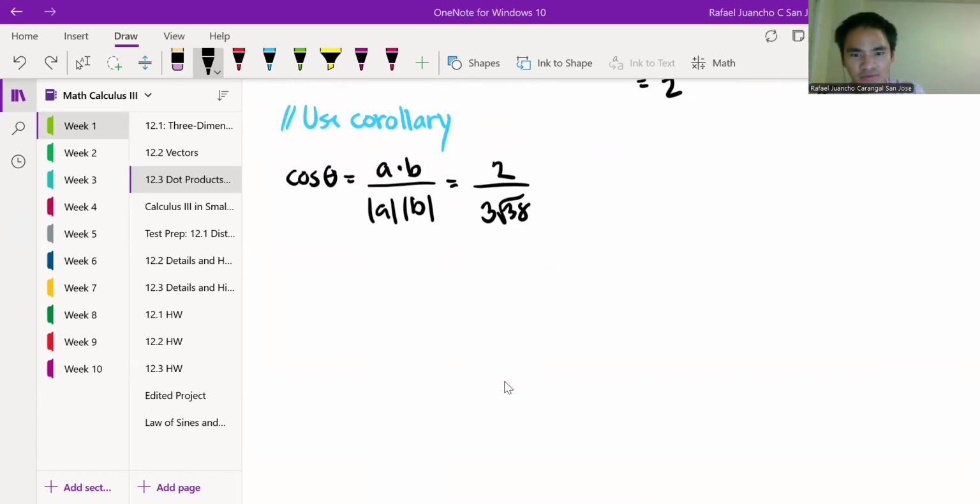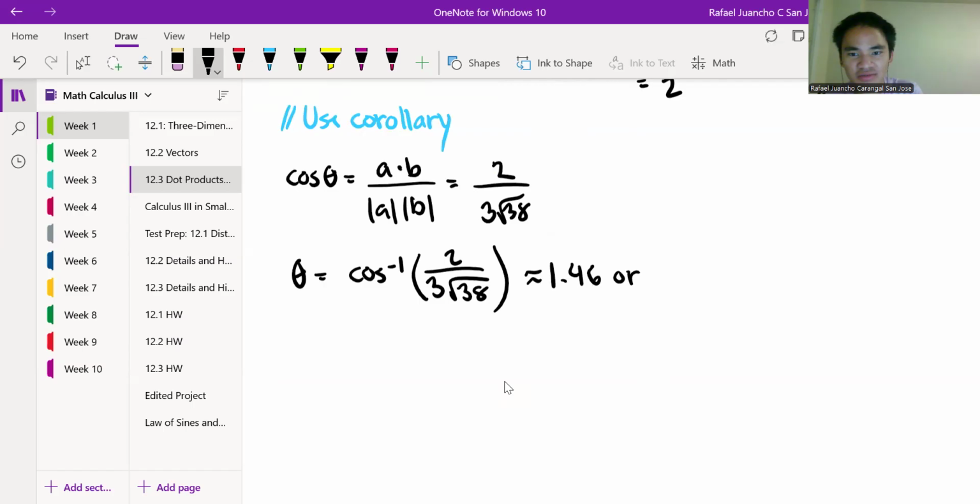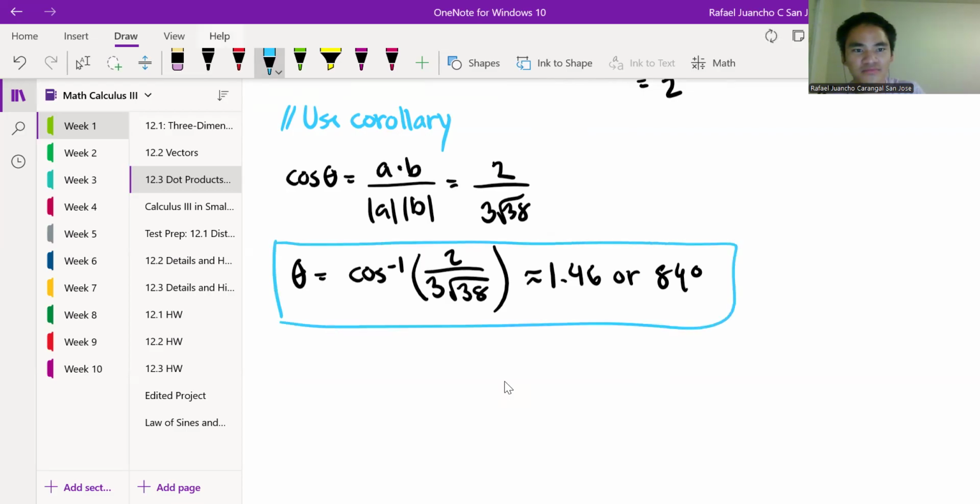And so the angle between them is just the inverse cosine of this thing, which is approximately 1.46 radians or 84 degrees. Right?